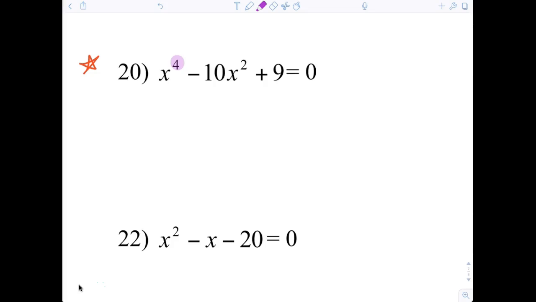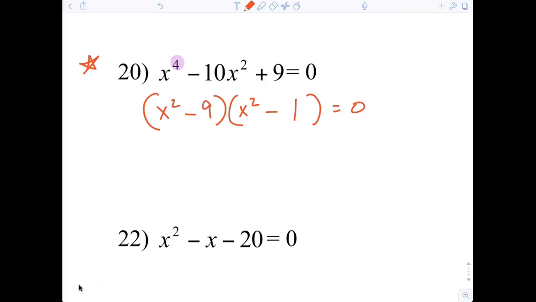All right, so now you have to do some factoring here. Yes, we're breaking it down into x squared. So 2 sets of parentheses. Here we go. So I have x squared minus 9 and x squared minus 1, both negative. And then you have to break down x squared minus 9.